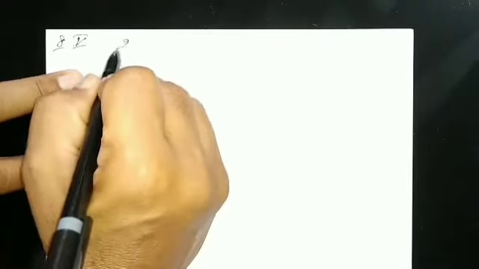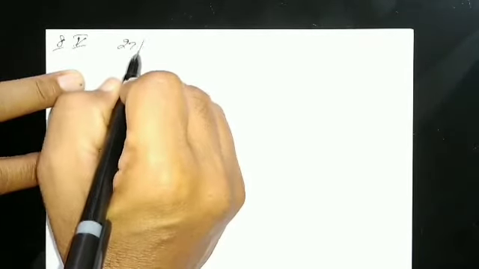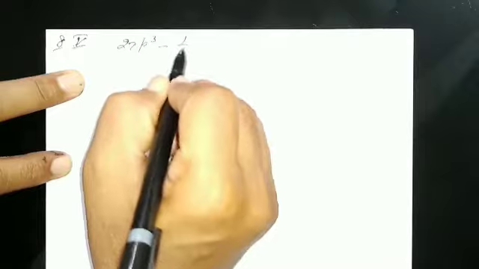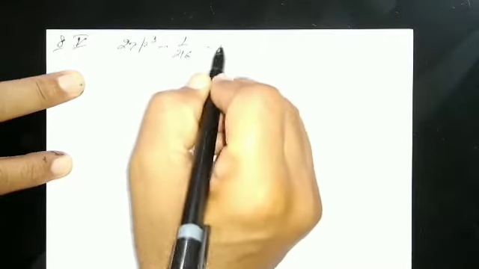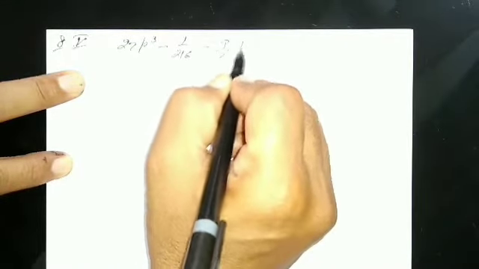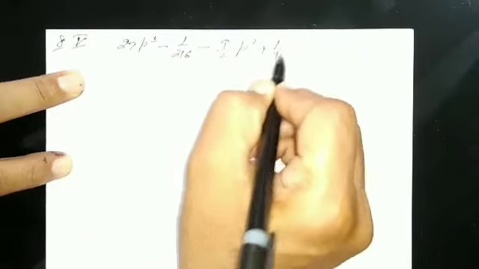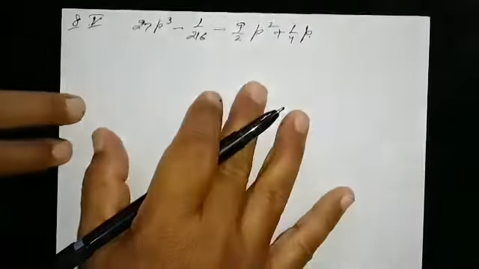Question 8, part 5, we can use that. 27p³ − 1/216 − 9/2 p² + 1/4 p.